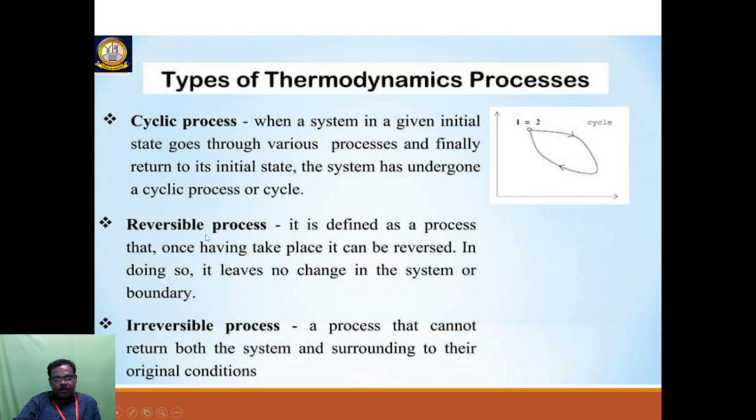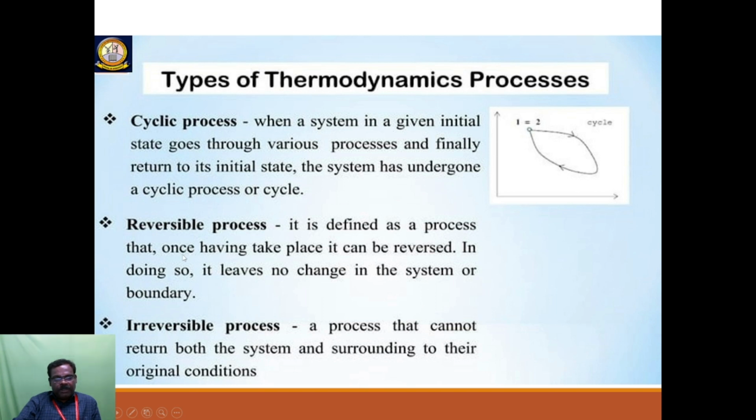Then the reversible process. In the topic itself, you should know what is reversible. It is a process that, once having taken place, can be reversed, and in doing so it leaves no change in the system or boundary.